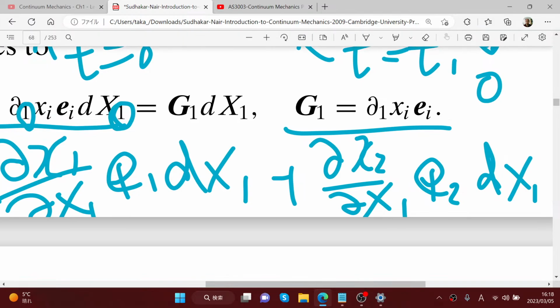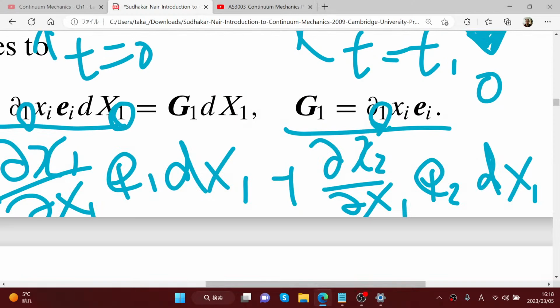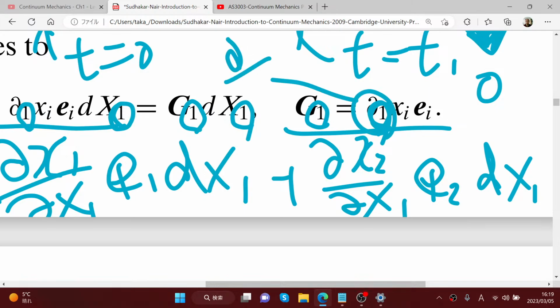Here, this one implies the index for capital X. So this one is an index for capital X, and this one is also an index for capital X. So this partial one actually means partial x over partial large X1.